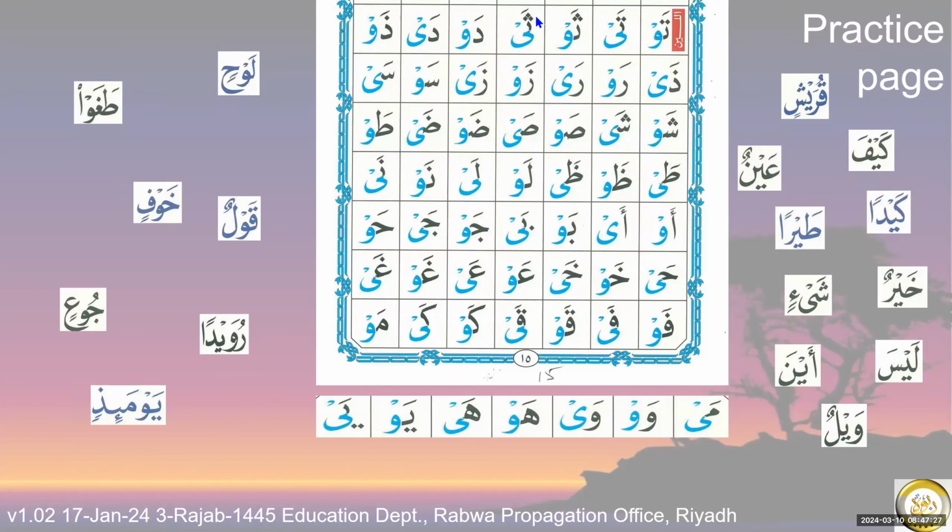Sa fatha ya sukun, say. Dal fatha waw sukun, daw. Dal fatha ya sukun, day. Zal fatha waw sukun, zaw. Zal fatha ya sukun, zay. Ra fatha waw sukun, raw. Ra fatha ya sukun, ray.